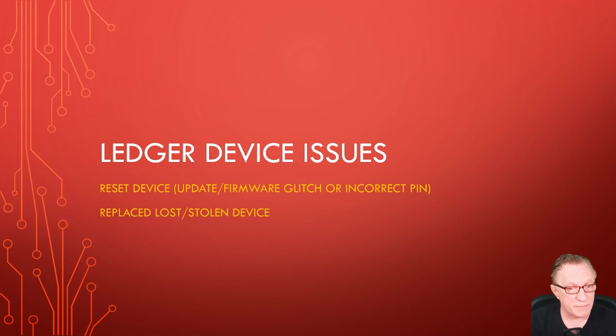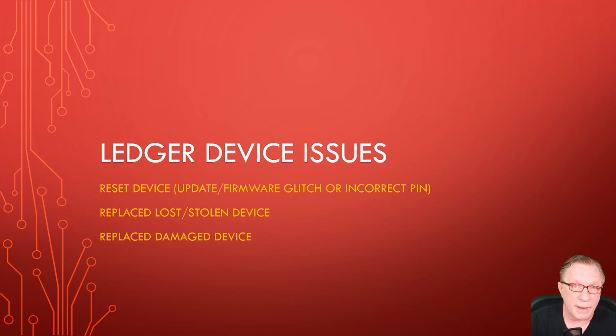Also, your device may have been lost or stolen, and you had to order a replacement. And in that case, you're going to have a brand new device that needs to be restored using your 24-word recovery phrase. Another scenario would be that perhaps the device got damaged.